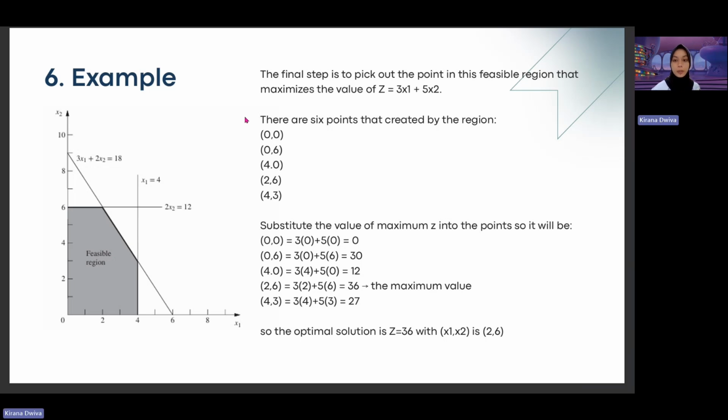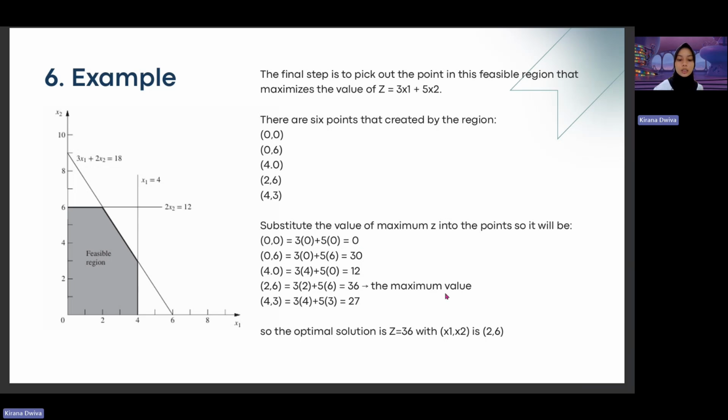The final step is to pick out the points in this feasible region that maximize the value of z equals 3x1 plus 5x2. There are 6 points created by the region: (0,0), (0,6), (4,0), (2,6), and (4,3). Then we substitute into the objective, so for (0,0), we substitute into 3 times 0 plus 5 times 0 equals 0.